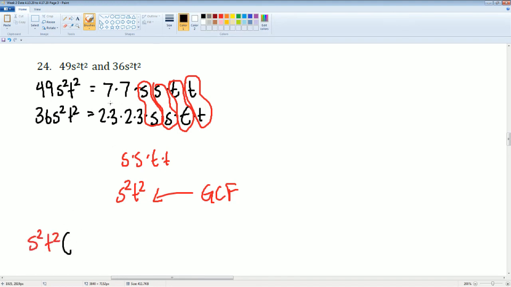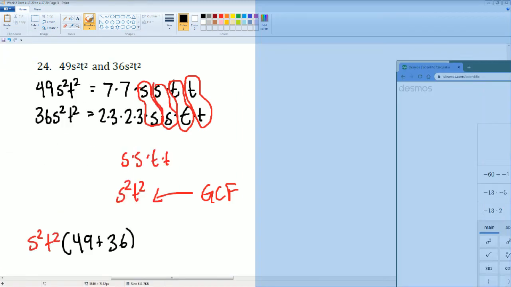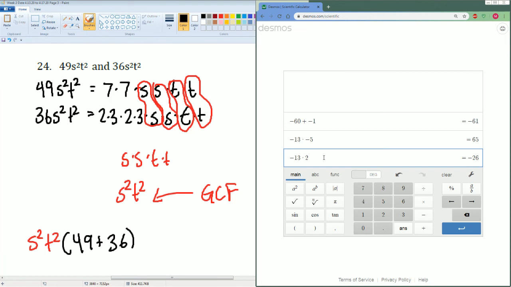If you would like to see how that looks when you factor it, s squared t squared, parentheses, what you have left over, 7 times 7, which is 49, plus 2 times 3 times 2 times 3, which is just 36. Ooh, 49 plus 36, that does become something. What is it? 49 plus 36. Oh, 85.